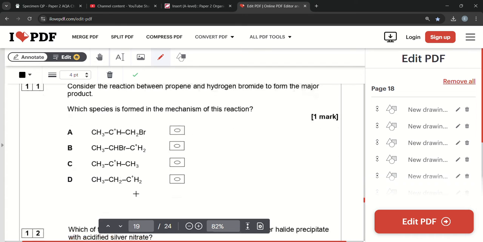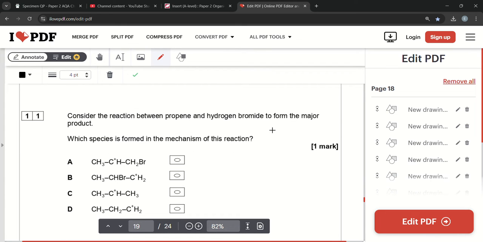Question 11. Which species is formed in the mechanism of this reaction? Propene and hydrogen bromide form the major product.